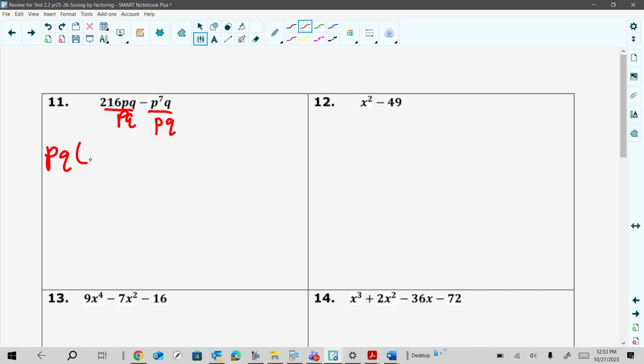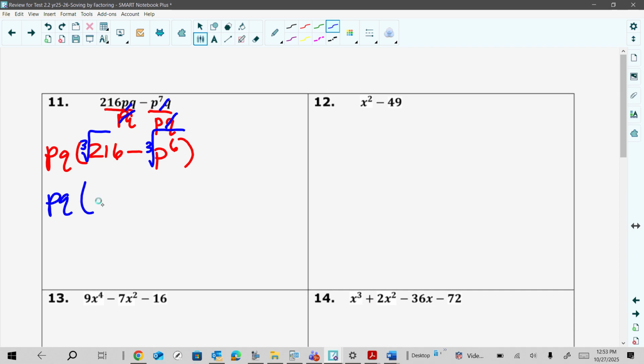When I do that, now I'm left with 216 minus P to the 6th power. The Q's canceled. And then this is now a difference of cubes.